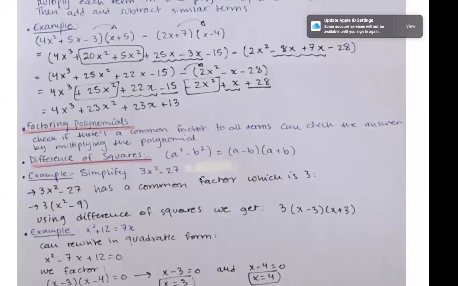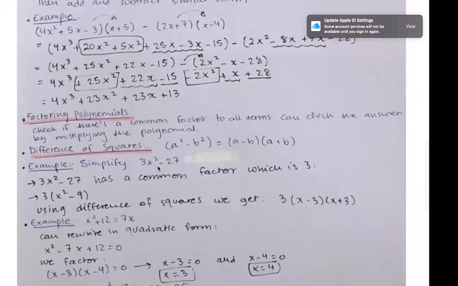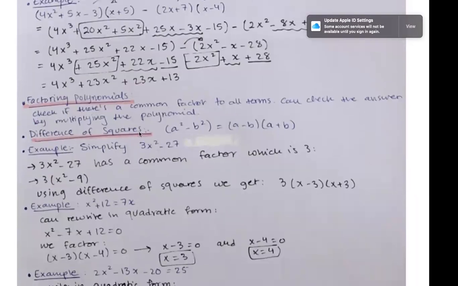When it comes to factoring polynomials, we have to check if there's a common factor or number in all the terms, and then you can check the answer by multiplying that common factor by the rest of the polynomial. Another rule that you need to know is the difference of squares.